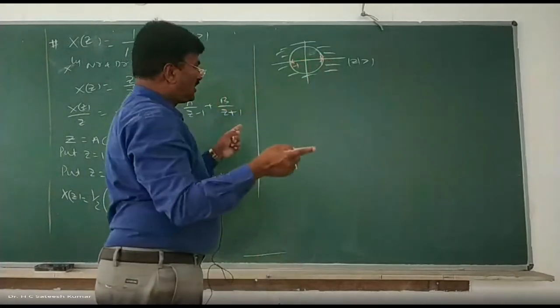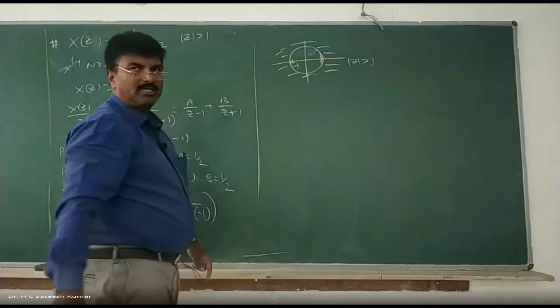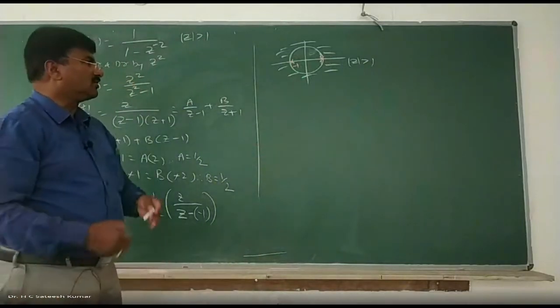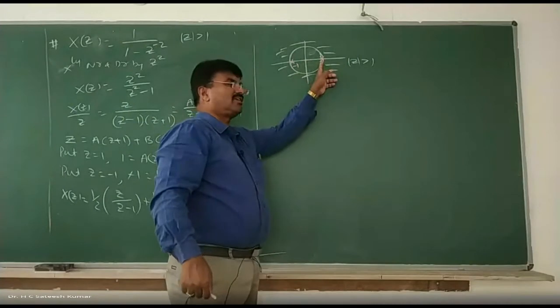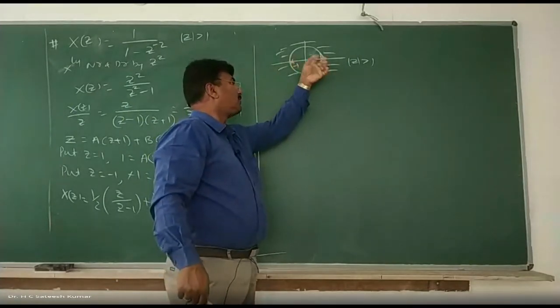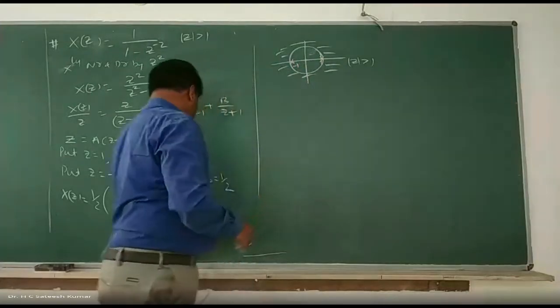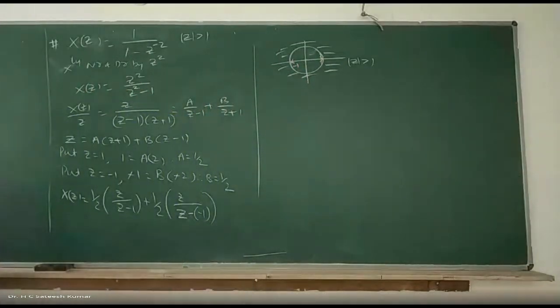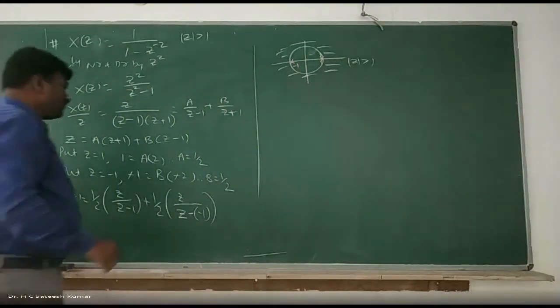And if the pole radius is less than the ROC, it leads to a right-handed sequence, I said. So don't think that the right side is the right-handed sequence and the left side is the left-handed sequence, not like that. Radius, if the poles are inside, means what? Right-handed sequence. So what will you get? Take the inverse Z transformation.